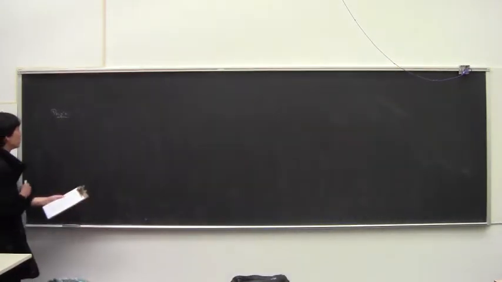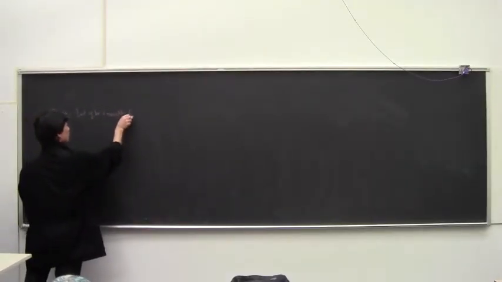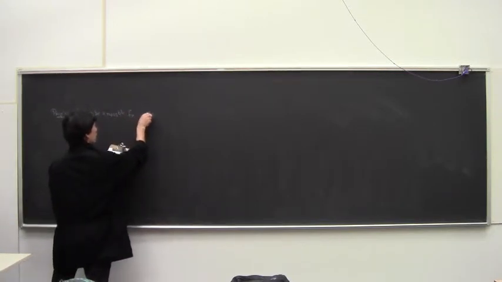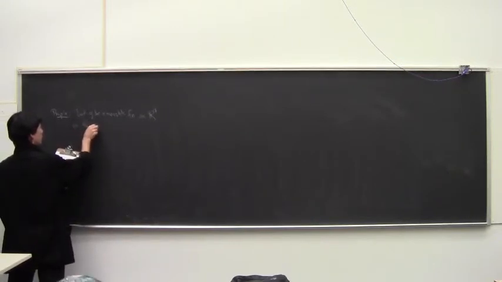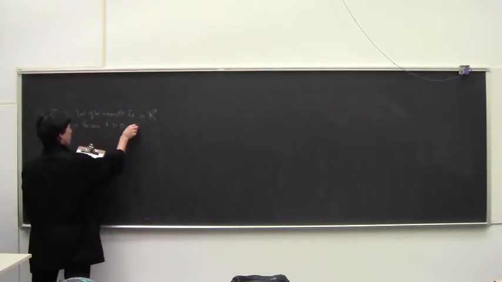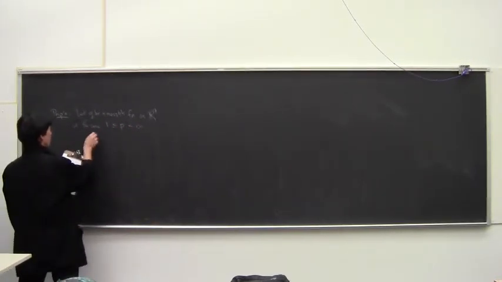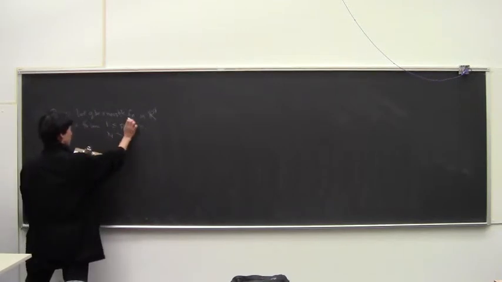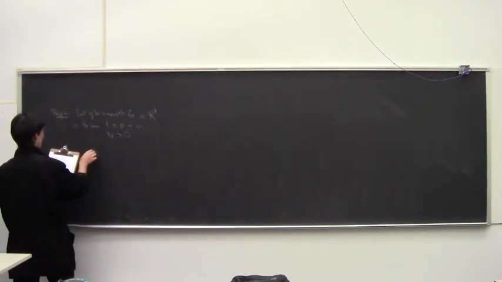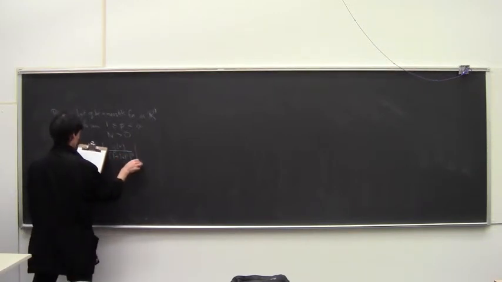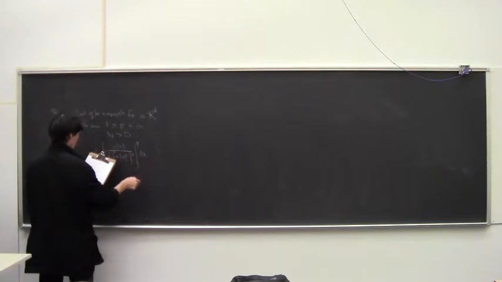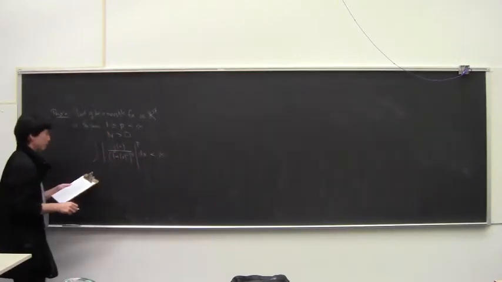what temperate means. So let g be a measurable function on R^d, and such that for some p between 1 and infinity, and for some n greater than 0, we have the integral of g over (1 plus |x| squared) to the n, to the p, dx is less than infinity.